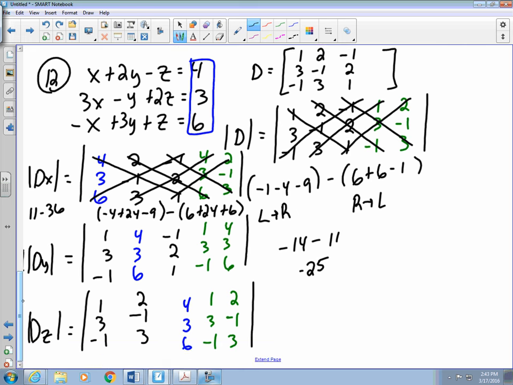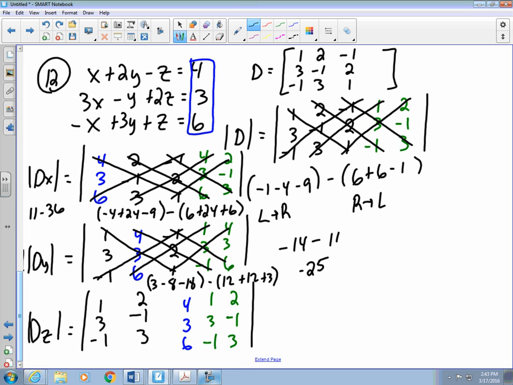We'll do the same thing for the rest. So here I have 3, negative 8, negative 18. And this way, I have 12, another 12, and a positive 3.